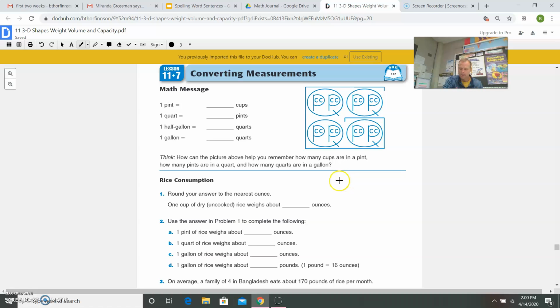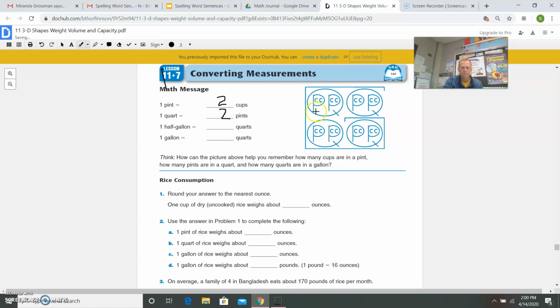So if you had, you just count them out. 1 pint. Here's the P for pint. Well, how many cups fit inside that pint? Okay, 2 cups equal a pint. In 1 quart, 1 Q, one of the quarts, how many pints fit in there? 2 of them.